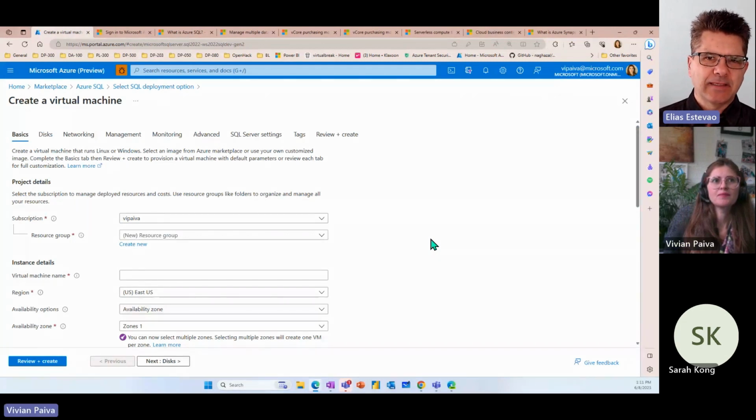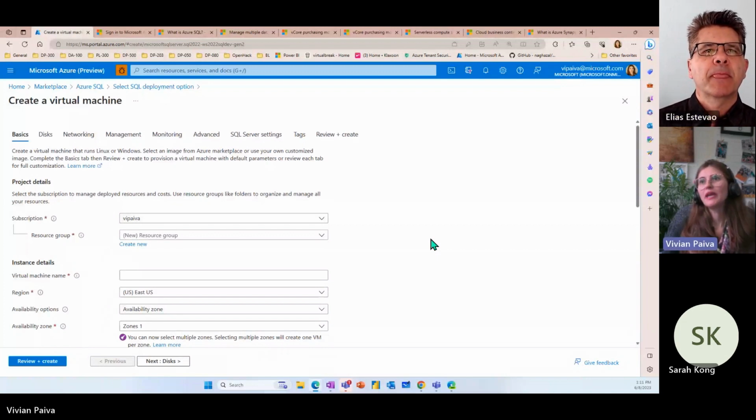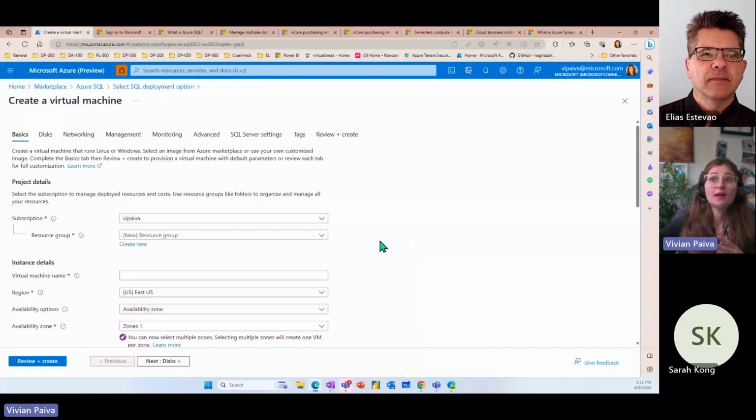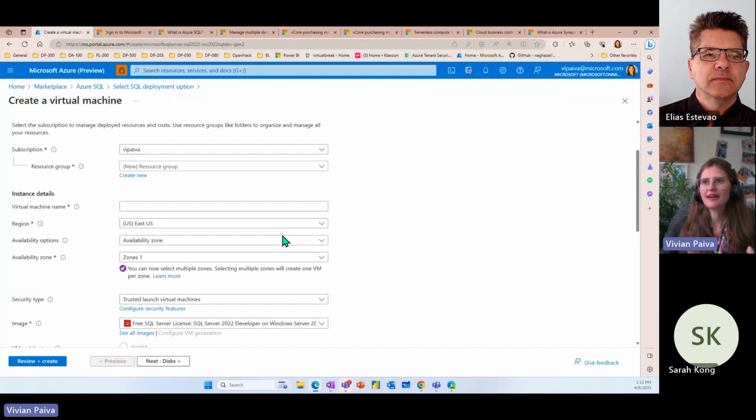Can we choose the size and how many disks we want on that virtual machine, or is it already pre-configured for us? Sure, we can. When we create that virtual machine using the marketplace image, it comes as a pack with SQL and the version of Windows that we pre-selected there, okay? But I can change other stuff there.